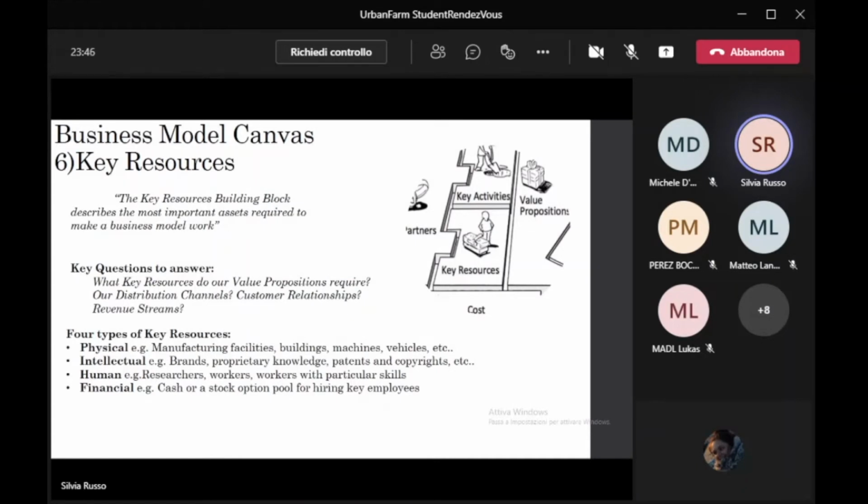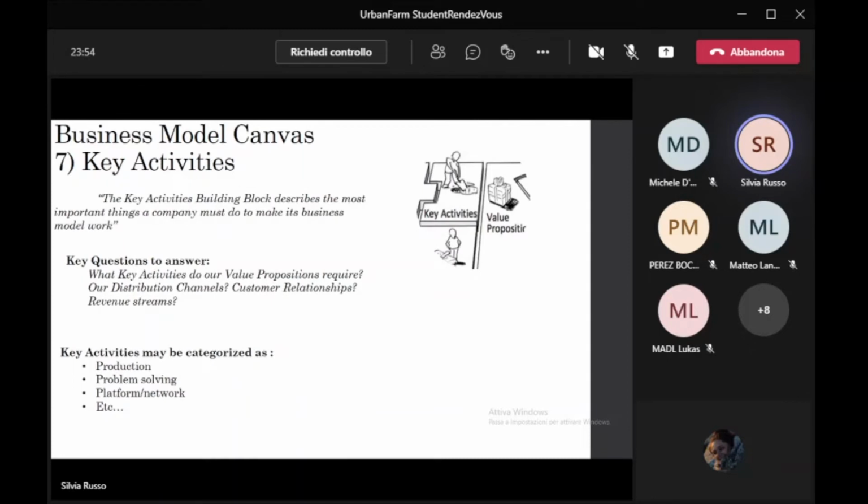The key resources are needed to carry out the key activities of the company. Key activities building blocks describe the most important things a company must do to make its business model work.